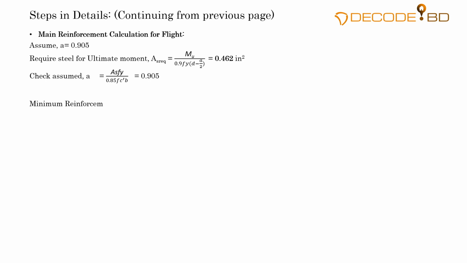Now check with minimum reinforcement. Here the equation As min equal to 3 root over f'c divided by fy into b d. Providing the values, we are getting 0.214 square inch. So rebar to be provided among these two values, maximum is coming 0.462 inch square.